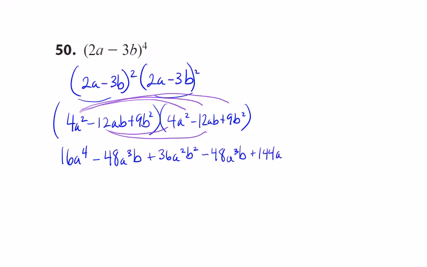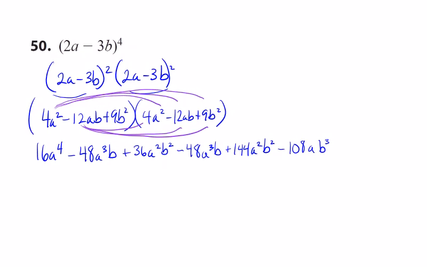A times a is a squared, b times b is b squared. Then negative 12ab times 9b squared is going to be negative 12 times 9 is 108. And then we get a, and then b times b squared is b cubed, right?